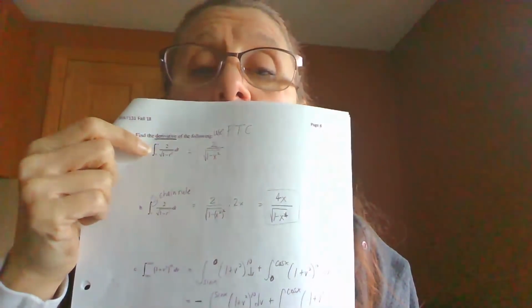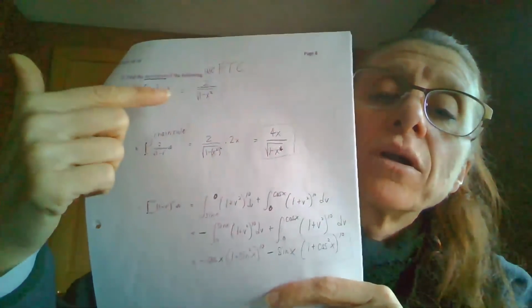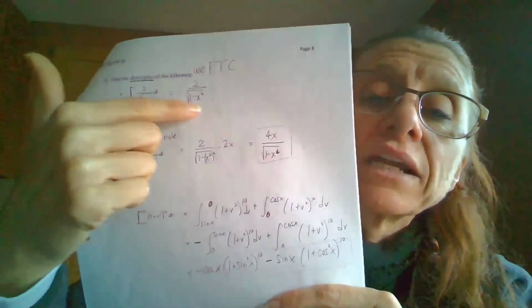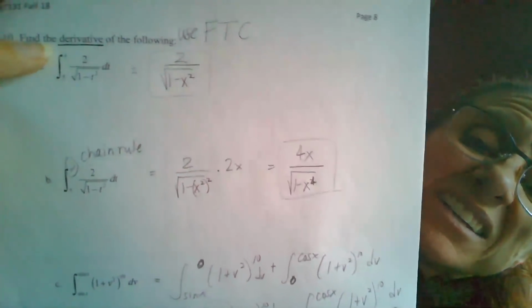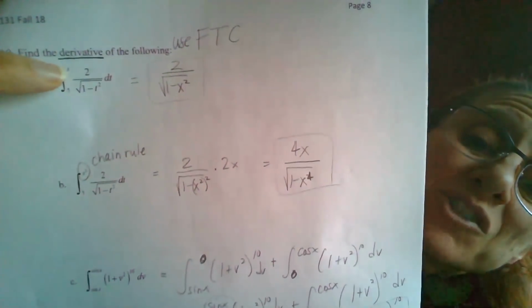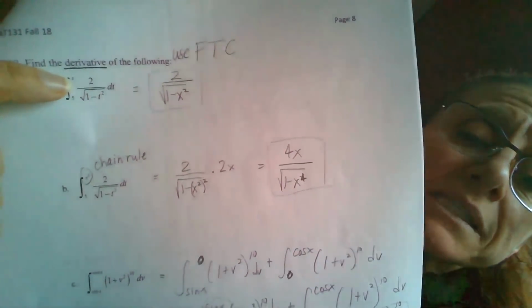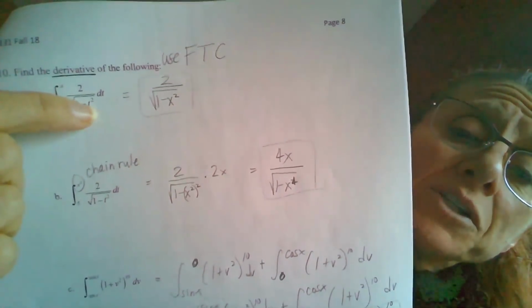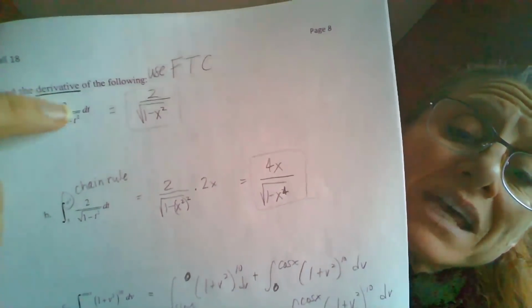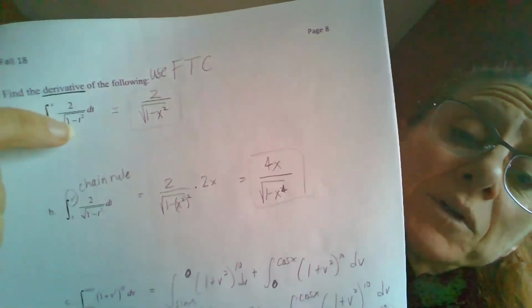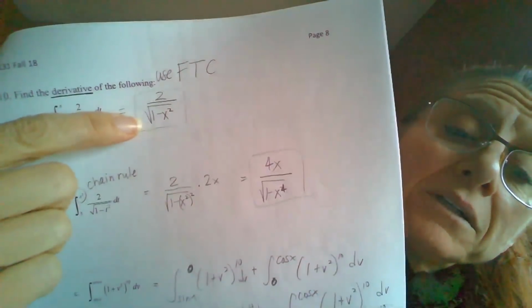Derivatives and integrals are inverses of one another, and therefore they're going to cancel each other out. As long as this is just x or t or just some single variable, then all you need to do is get rid of the integral notation, ignore the lower bound, and just plug this variable into the variable here.